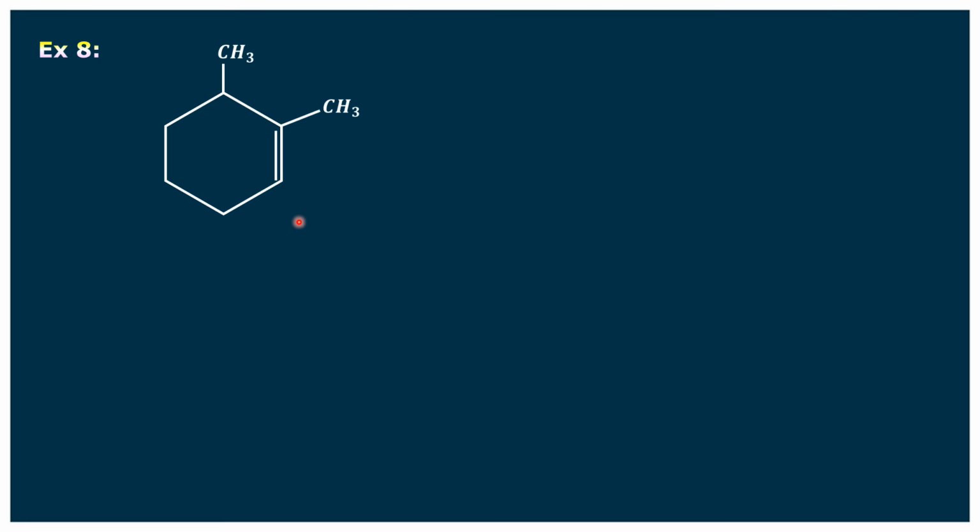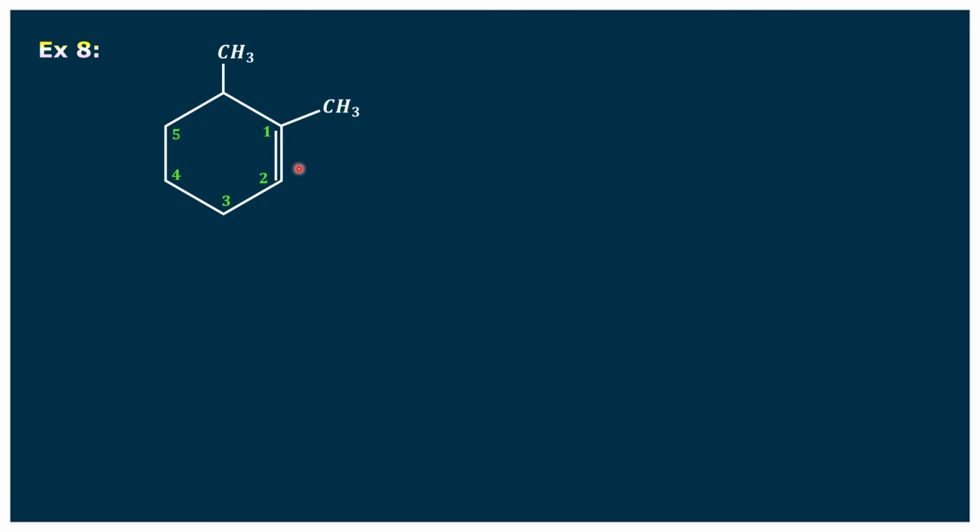So we can give the numbering to the carbon ring starting from here anti-clockwise or starting here clockwise. Which way of numbering is correct? In order to know that, we have to use the lowest set of locants rule.